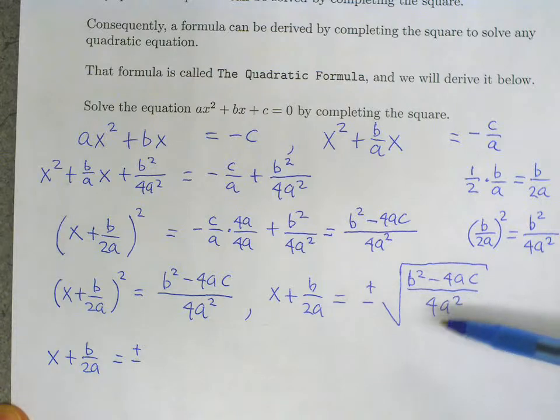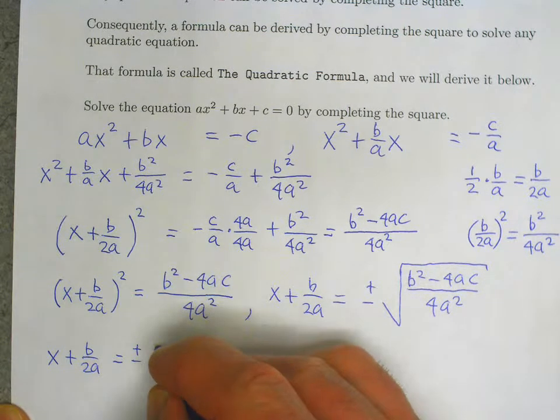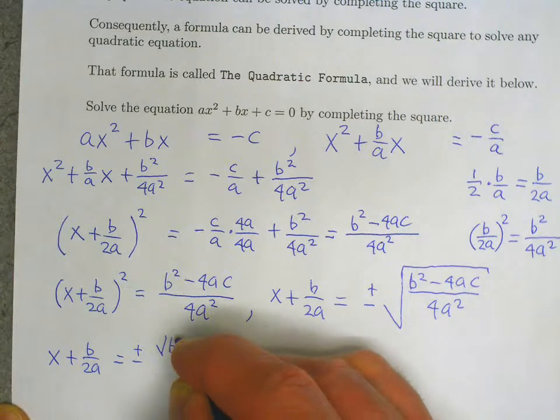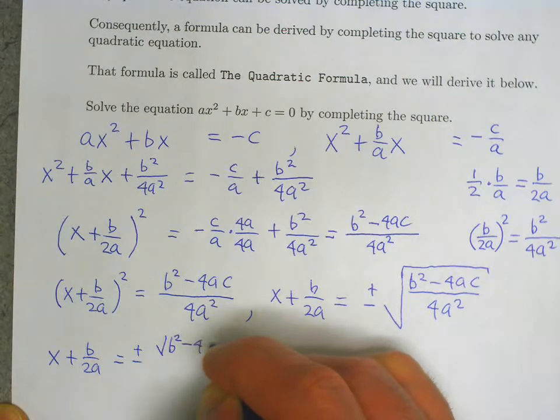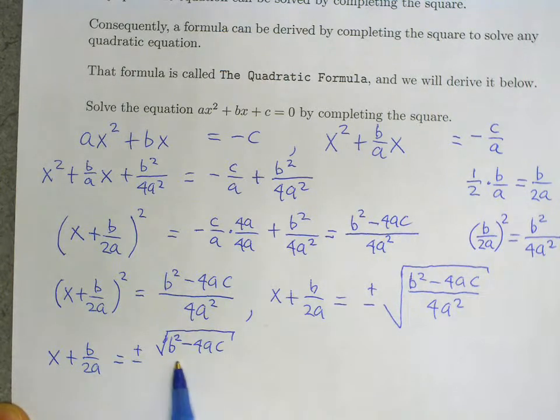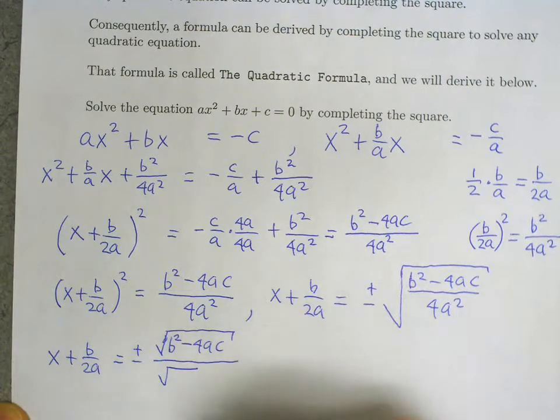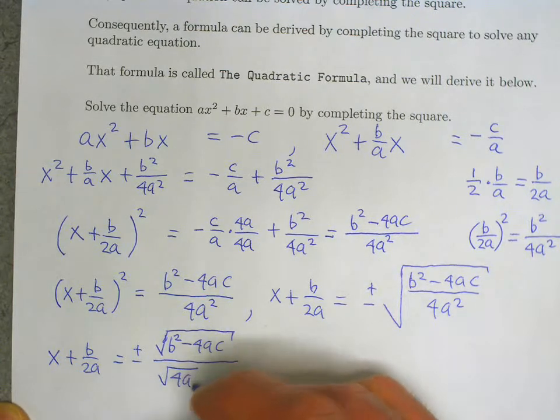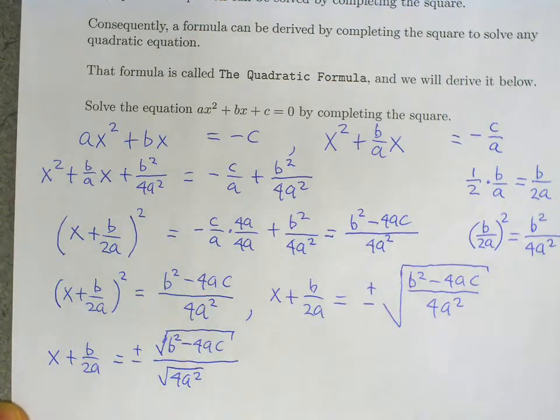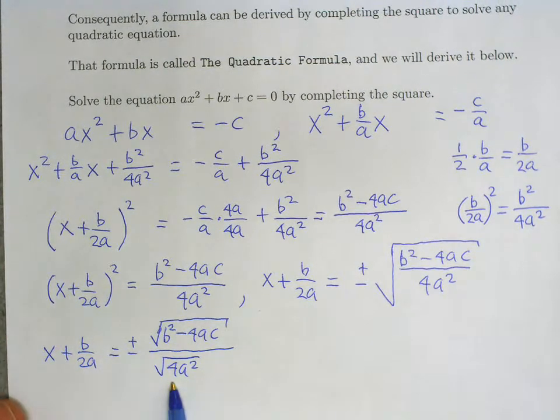And then I'm going to apply the quotient property of radicals. The square root of a rational expression is equal to the square root of the numerator, b to the second minus 4ac, divided by the square root of the denominator, the square root of 4a to the second.